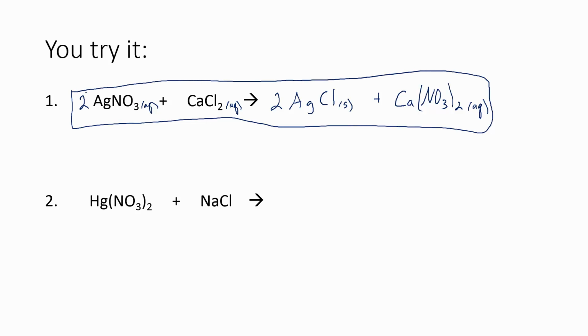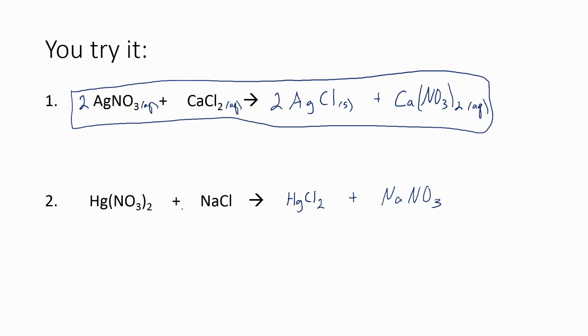If you haven't tried the other one yet, make sure you do. And we're back. Okay, so this is mercury 2 nitrate. So mercury and chloride ion, and sodium and nitrate. Mercury 2 chloride means that we'll need 2 chlorides, and sodium and nitrate plus and minus gives us 1-to-1.